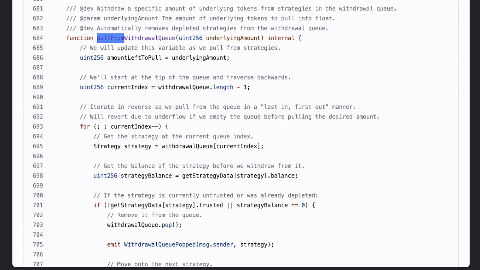But in practice, it works out that way, if people are committed to keeping the queue mostly up to date, then the newest thing will be. I see what you're saying. So it really does just come out to a solidity optimization. It won't necessarily be picking the most economically sound strategy to remove from, like the one that's making the least yield or whatever the case may be. Right, since you don't have guarantees.